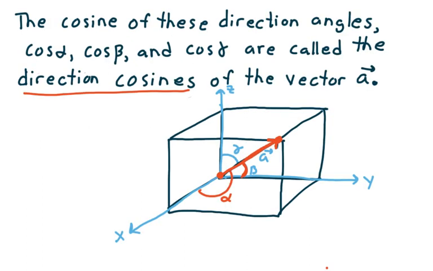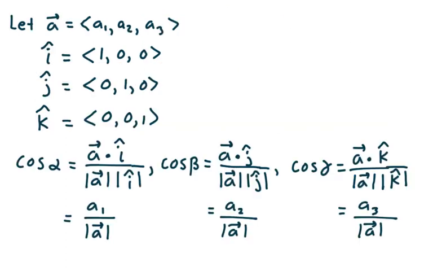And then I want to choose a vector along the positive y-axis, and a convenient choice there would be j equal to the vector 0, 1, 0. And similarly, I want to choose a vector along the positive z-axis. And so there I chose k equal to the vector 0, 0, 1.